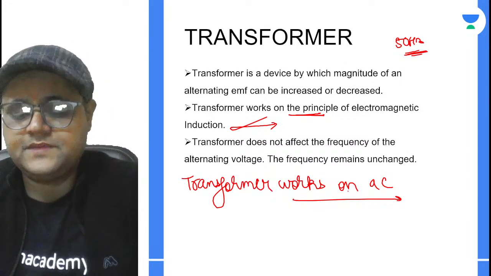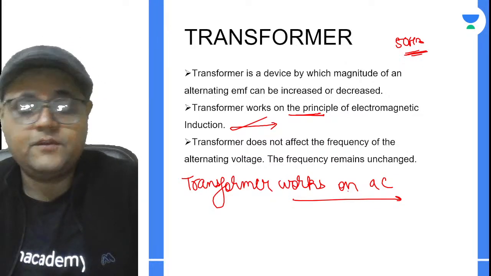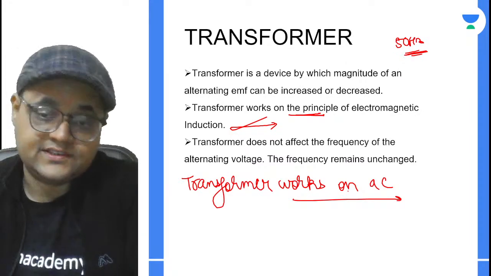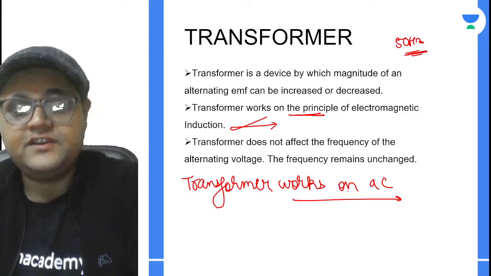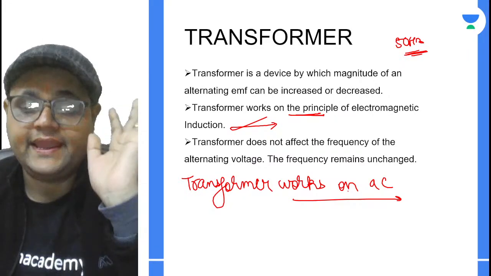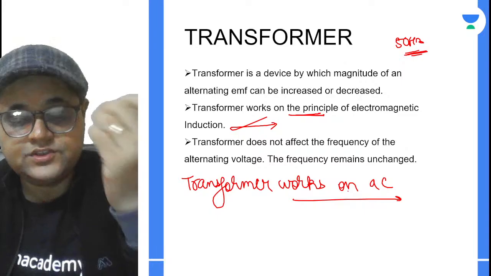The basic principle is electromagnetic induction. If it is obeying electromagnetic induction, there has to be a change in flux. If the flux is not changing, no EMF will be induced. And if no EMF is induced, you're not going to get any induced current. I hope you're getting the logic straight.